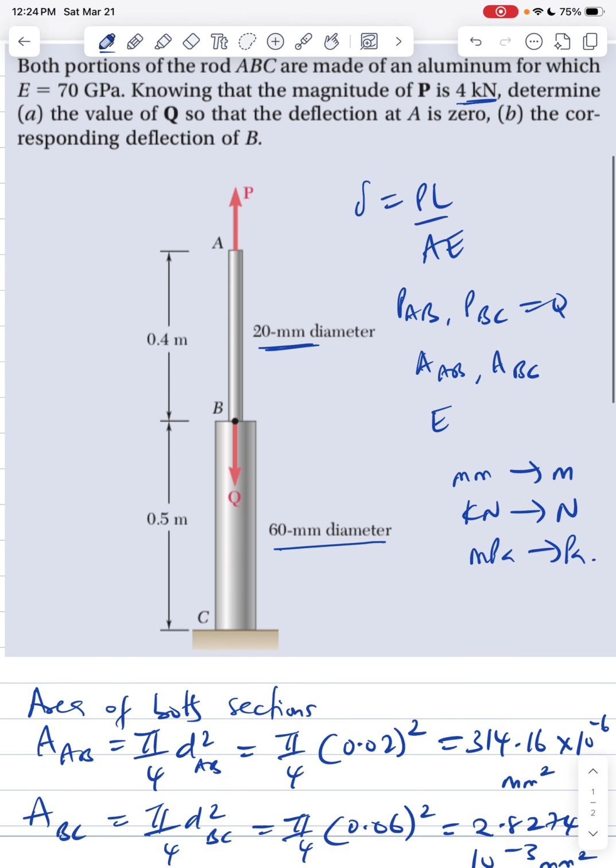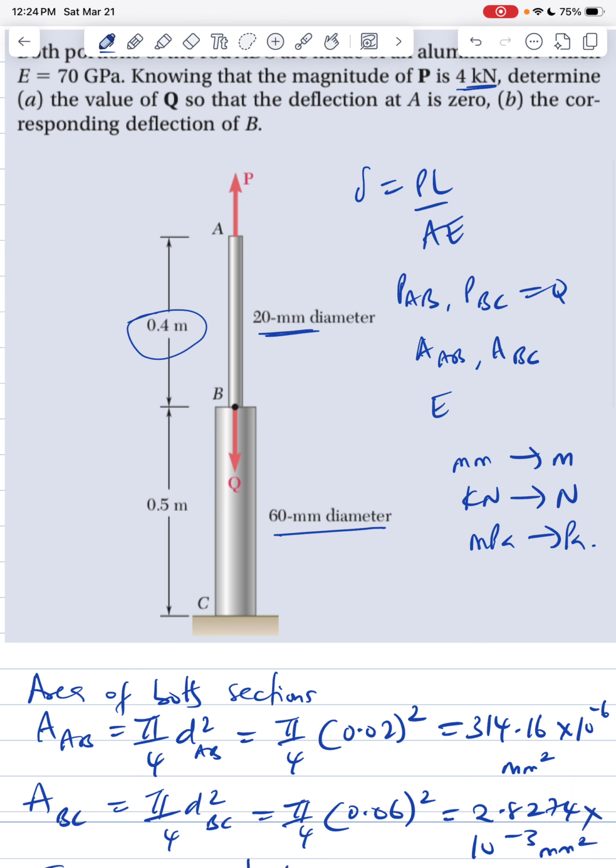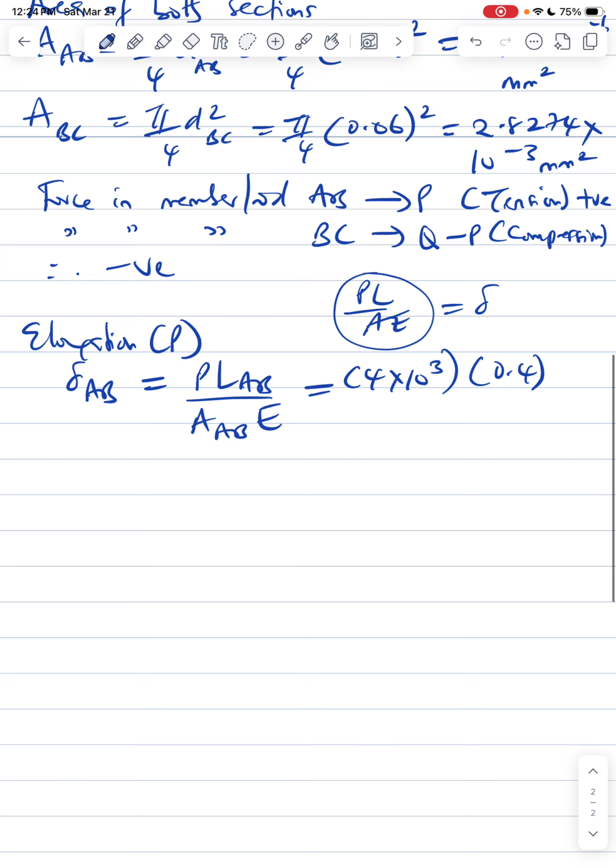Let's cross-check that again. See here, 0.4 in meters, right? So you see the problem is giving different units. We have millimeters here, we have meters here, so the point is to stay consistent. Then the area, we've already computed above: 314.16 times 10 raised to the power minus 6.